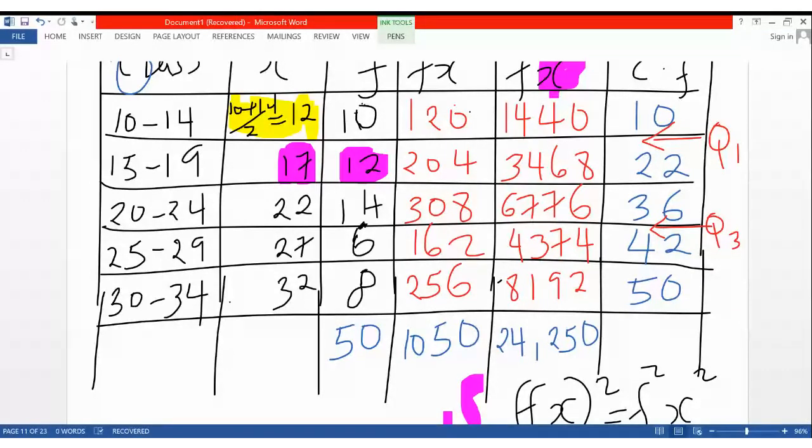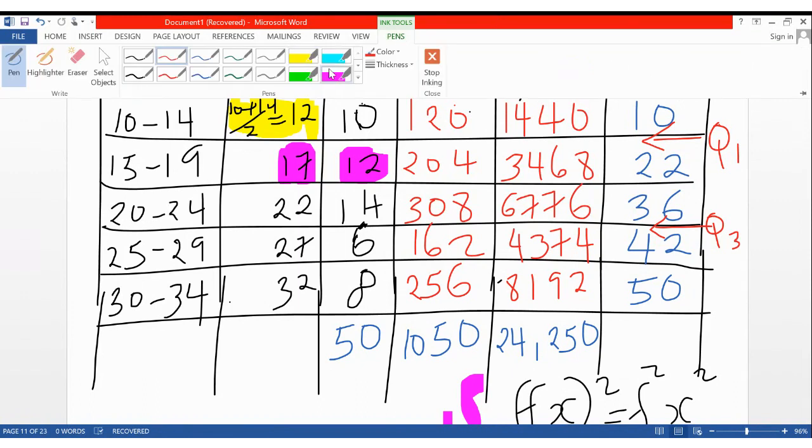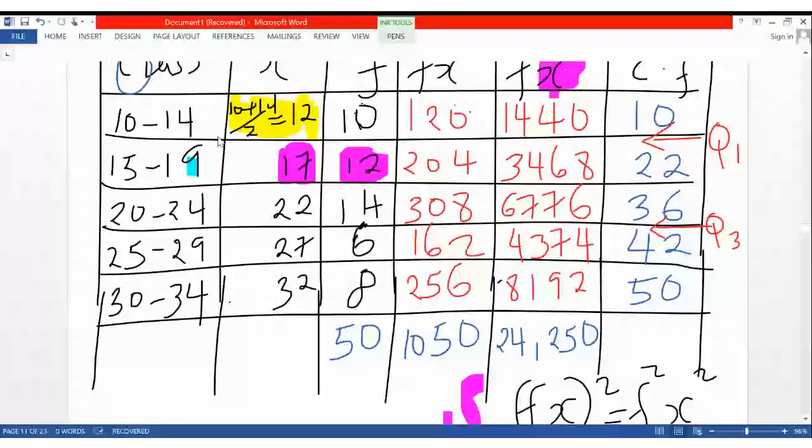So what is the lower class boundary for this one? Let me use the pen for the sake of revision. This is the class that we are concerned with for Q1. Then for Q3, this is the class that I'm concerned with. These are the two classes. Q1 is 15 to 19, and Q3 is 25 to 29. What is the lower class boundary of 15 to 19?